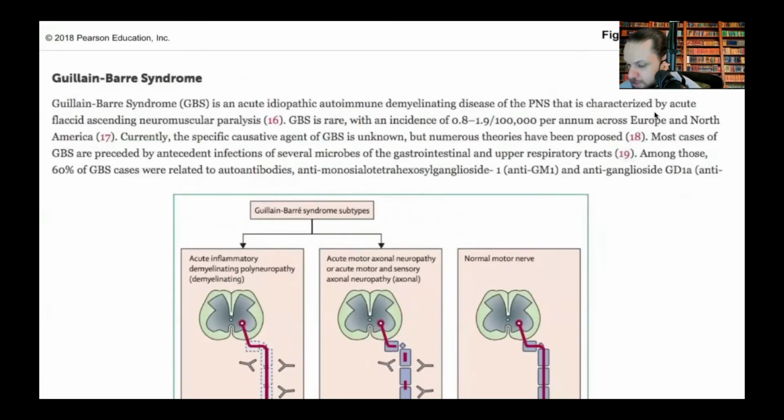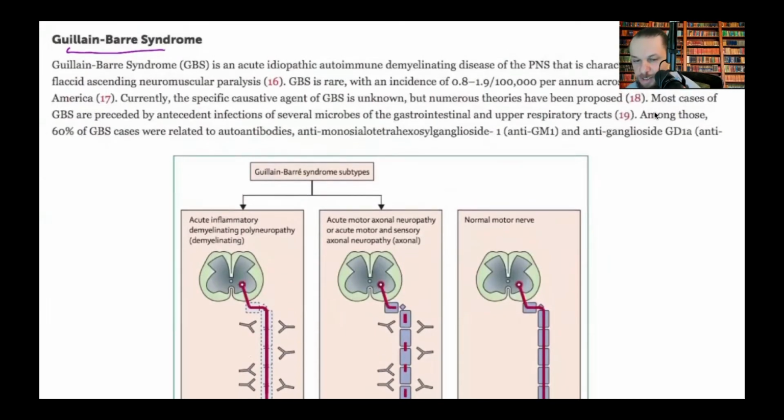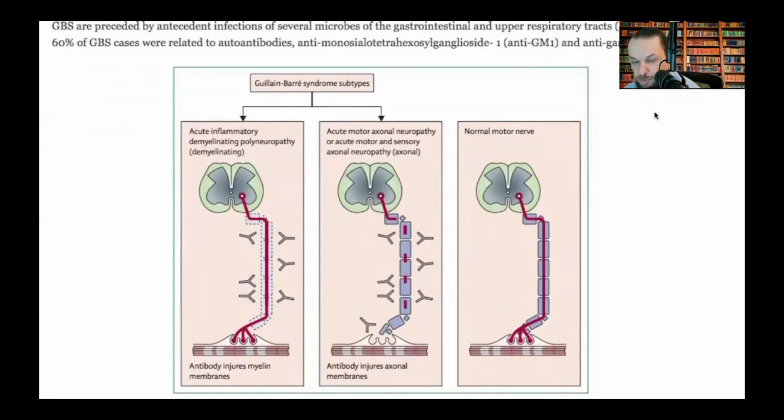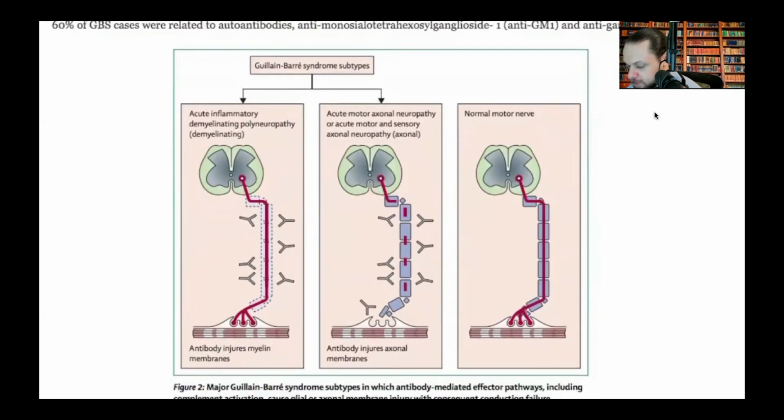So here we see Guillain-Barré syndrome. The primary target site is the peripheral nervous system. In the peripheral nervous system, the antibodies that your B cells make are going to demyelinate the system, right? So this was a normal cell, and this here shows you the neuropathy that is associated with the damage.